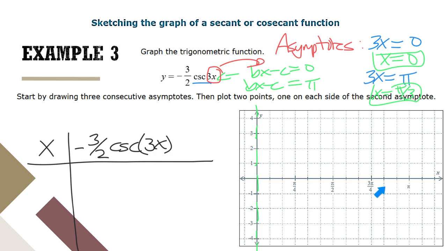We're breaking it apart into 12ths. And 1/3 of 12 is 4. So we have 1, 2, 3, 4 tick marks. So this right here would be your next asymptote. So that's at pi over 3, and that is at x equals pi over 3, and this is at x equals 0.